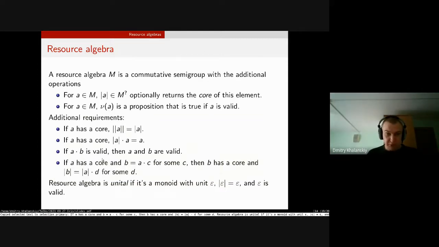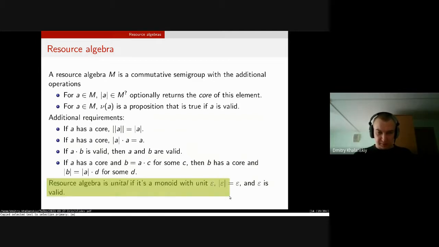If an element has a core and that element is part of some larger resource, then the larger resource also has a core that can be represented as the composition of the core of A with some other element.